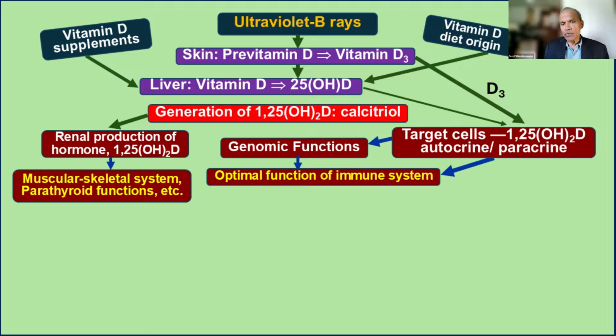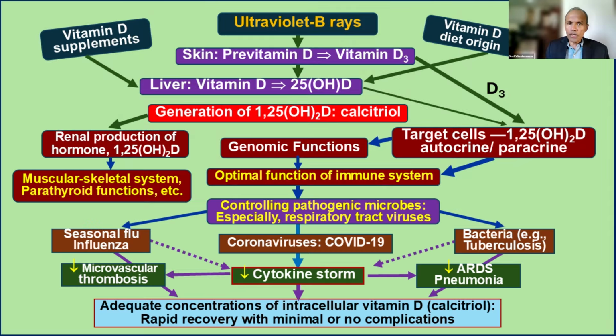The reason only a small amount of 25-hydroxy-D gets in is that it is tightly bound to vitamin D binding protein, whereas D3 is less tightly bound, so it is in a free form and can easily diffuse into the peripheral target cell. So this is another key biological point to understand. This enables autocrine, paracrine, as well as genomic function within this peripheral system.